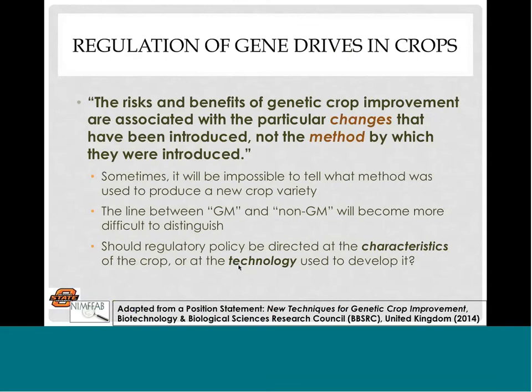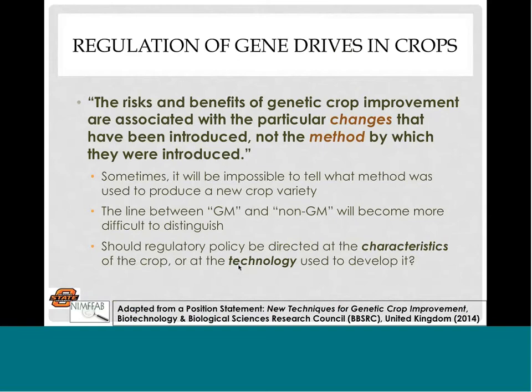In thinking about regulation of gene drives in crop applications, it's been pointed out that risks and benefits of genetic crop improvement, regardless of what the technology is, are really associated more with the particular changes that have been introduced rather than the methods by which they were introduced. But as we move ahead with things like gene drives, it may become more and more difficult to tell the difference if you didn't know how the crop was produced.